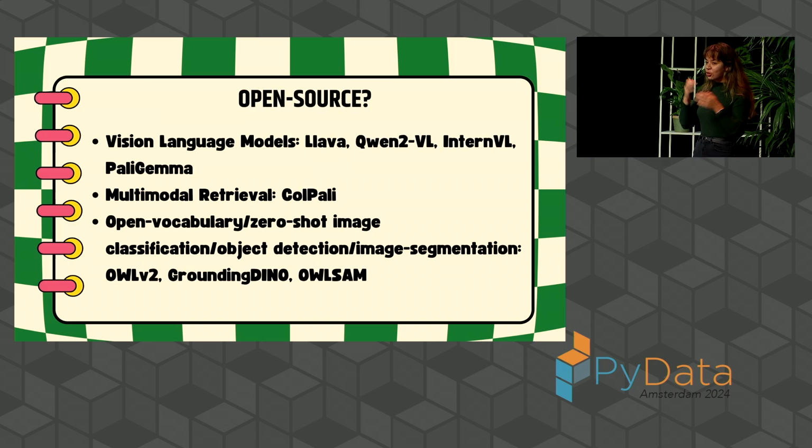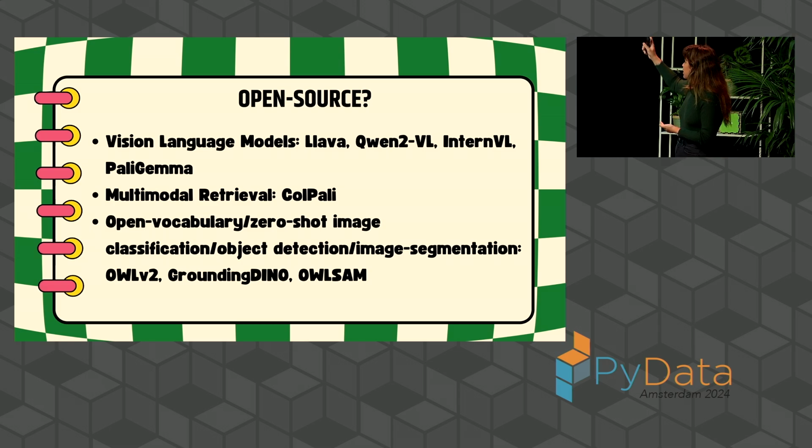Open source examples of these models, recently, for vision language models, the most popular one is LLaVA, Qwen2-VL, InternVL, and PaliGemma. For multimodal retrieval, as I said, this is a new paradigm. There is ColPali, but there are also models like CLIP or SigLIP that you can use for multimodal search.